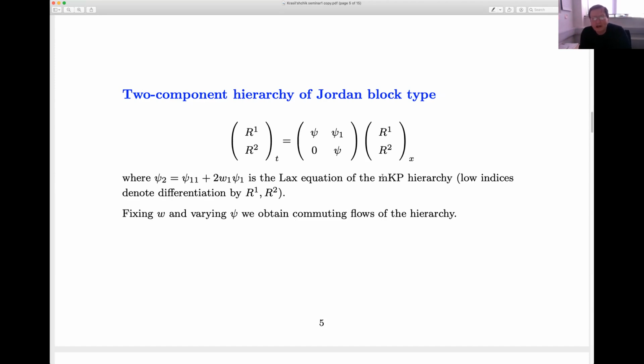What is the connection to the MKP hierarchy in this two-component case? It's via this equation, because this equation is the Lax equation for the modified KP hierarchy. So I repeat that we fix W and vary psi, and then we obtain all commuting flows. All right. So let's look at the three-component case, which is much more convincing.